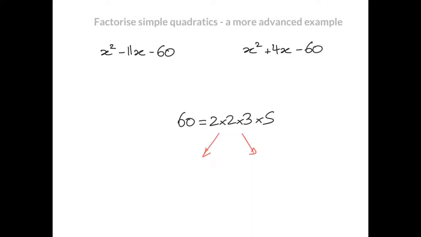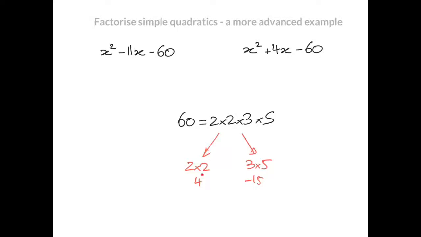So let's try, and if we just take 2 times 2 on one side and 3 times 5 on the other side, we get 4 and 15. You see that if we want to make the sum of these numbers a negative number, we'll have to turn this 15 into a negative 15. So here we take minus 15.